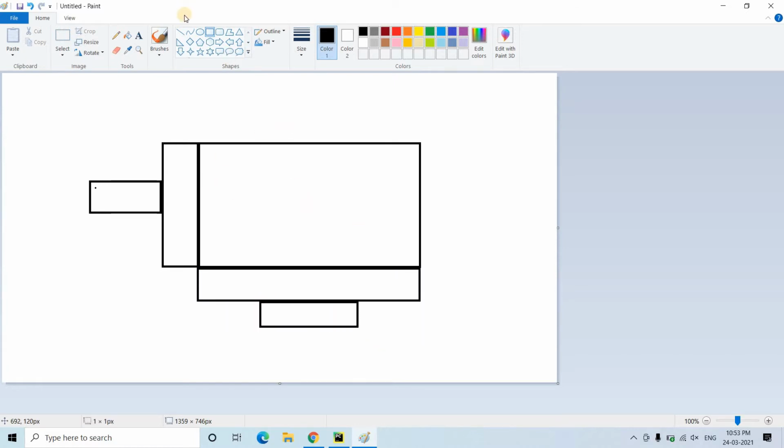Let me just make one in MS Paint. I am showing. Okay, so it looks good. So this is our actual. Handwriting is bad, sorry for that, because I am writing using the mouse pointer. Okay, actual, and this one is predicted.